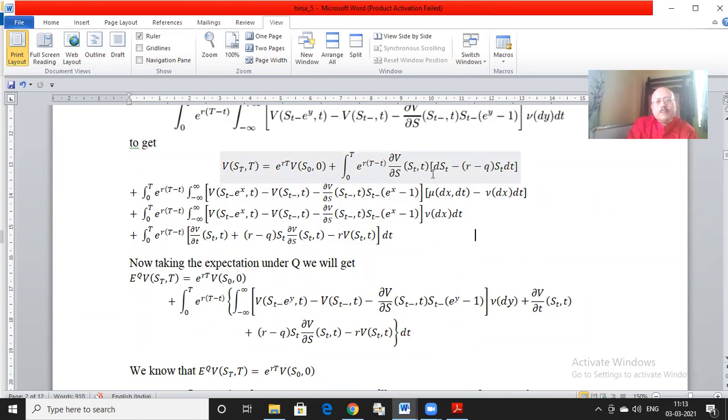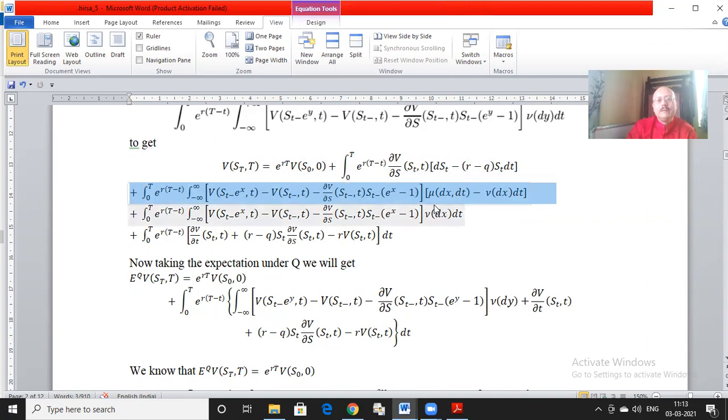Let us look at these terms one by one. This first integral here in the first step, if I take the risk neutral expectation, I claim that this will vanish. And I also claim that the second step here, because it is already mean centered through this compensation, will also vanish.